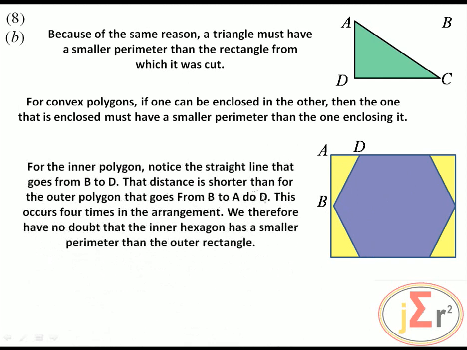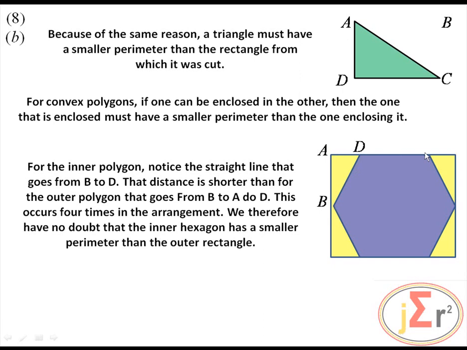For the inner polygon, notice that the straight line goes from B to D. That distance is shorter than for the outer polygon that goes from B to A to D. So this BAD is longer if we put them together than this distance BD.